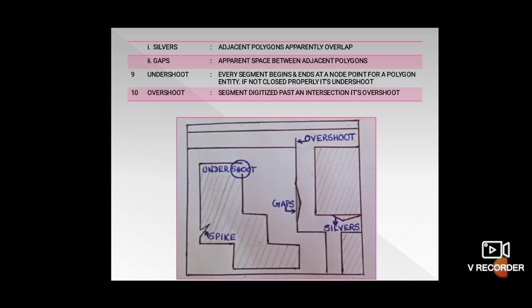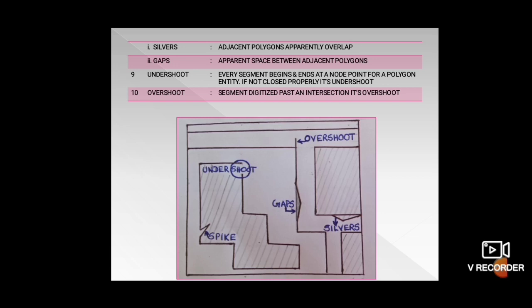That means the shaded area has overlapped some of the area which is not shaded, and that portion we call slivers. So slivers generally occur when an adjacent polygon apparently overlaps the other polygon.